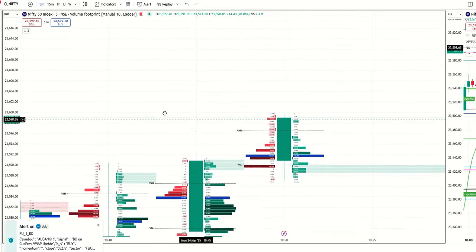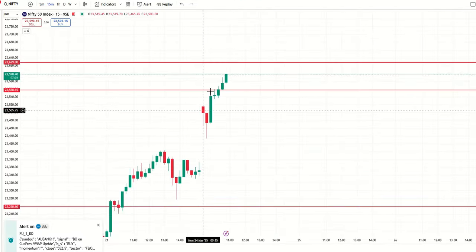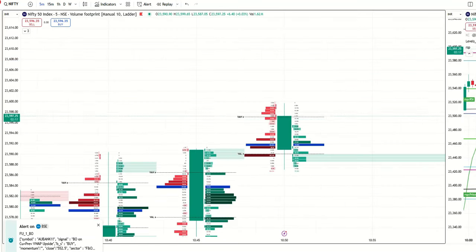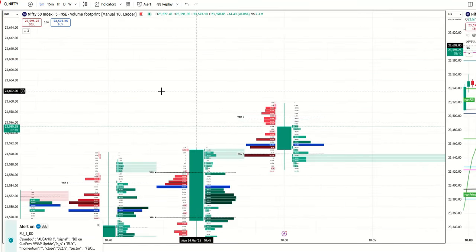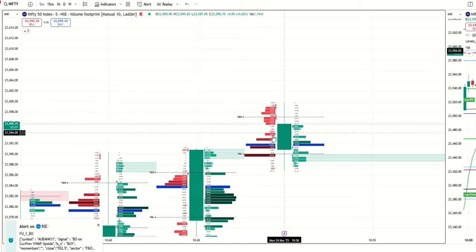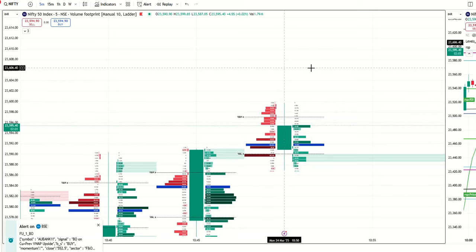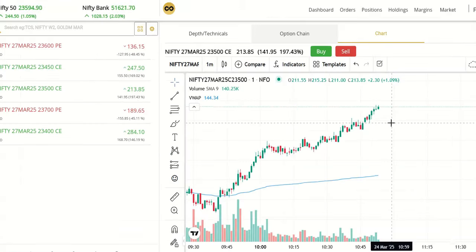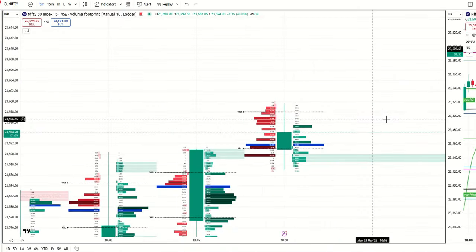That's the plan here. Because once it crosses, we should be able to see this level. 23,600 may be a kind of resistance, but because of this support, the price also should take off, right? It's still positive. There's nothing to panic.